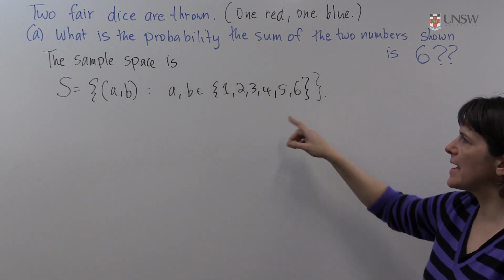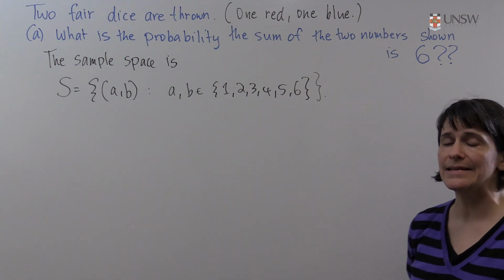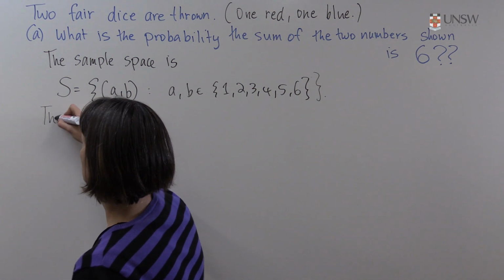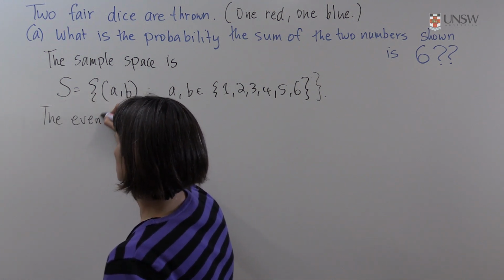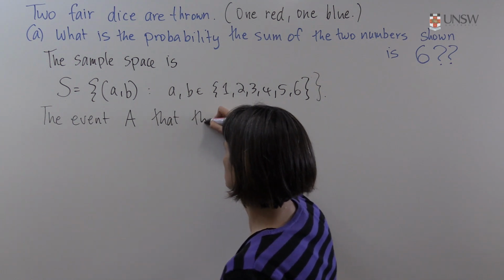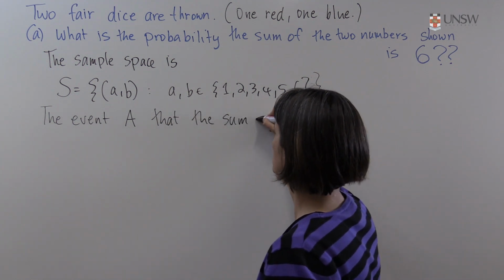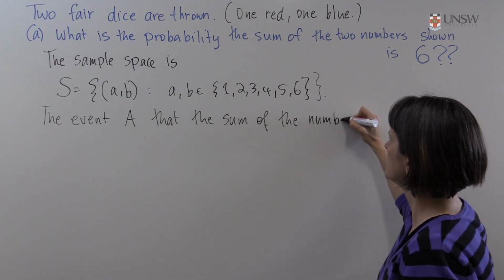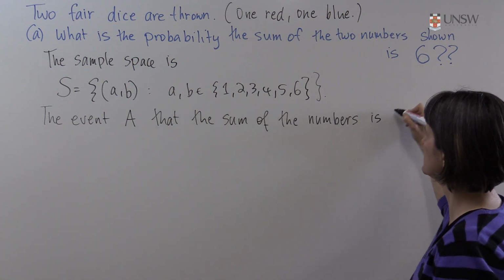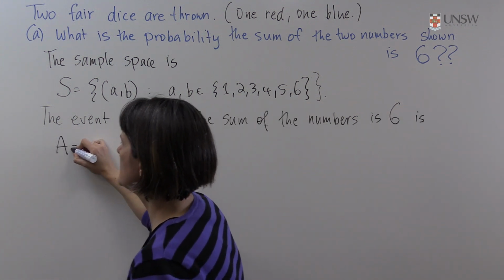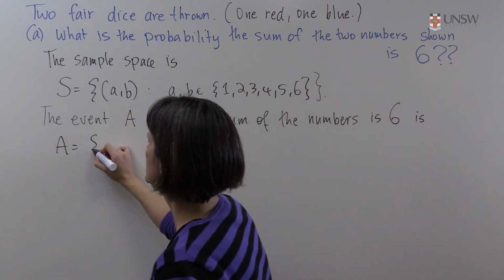Now, which of those actually add up to 6? We'll write that down as our event A. So that event is the set of all outcomes which add up to 6.